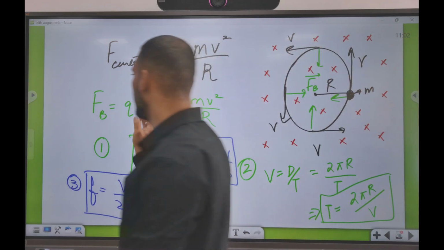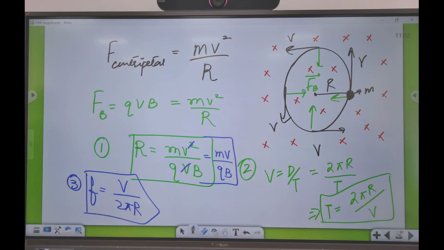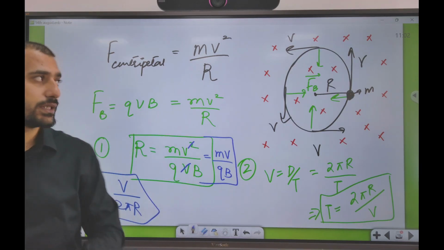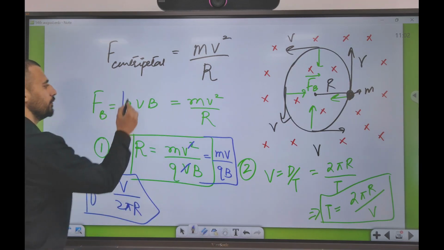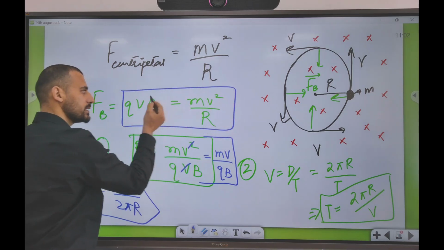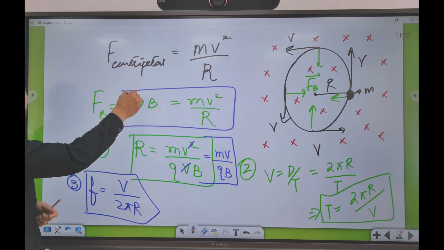Whenever questions are asked, always try to use your right hand rule for the direction, and for the expression, always try to start from here. This is the basic thing, that the centripetal force is equal to the magnetic force. That is it.